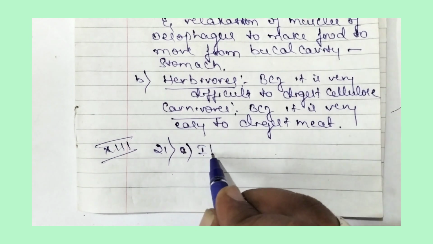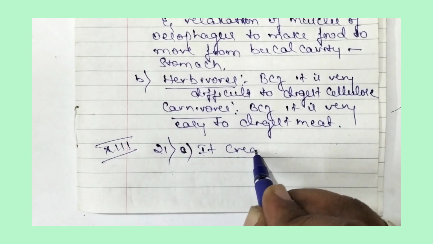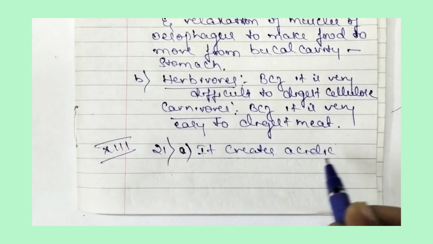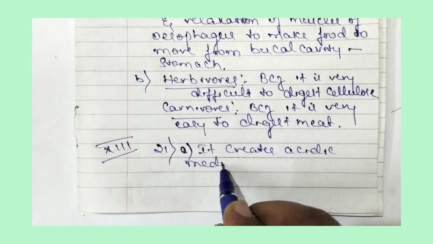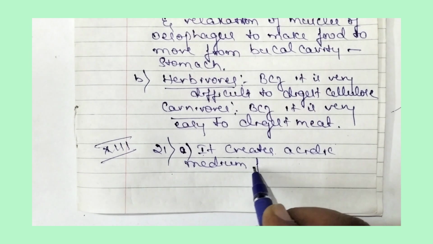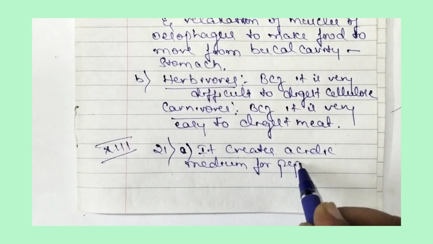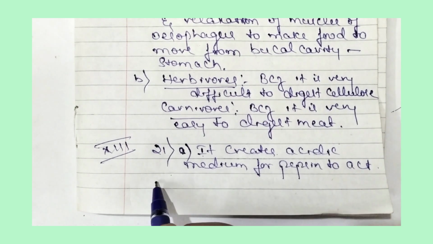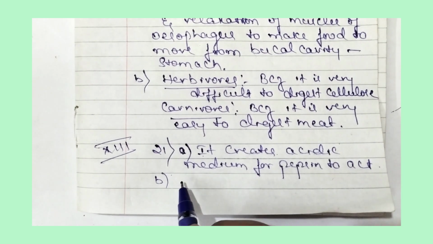The first role of HCl is it creates an acidic medium for pepsin to act. This is the first function or role.